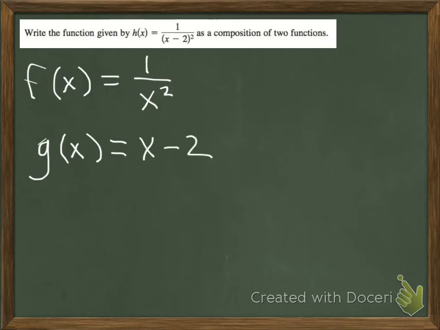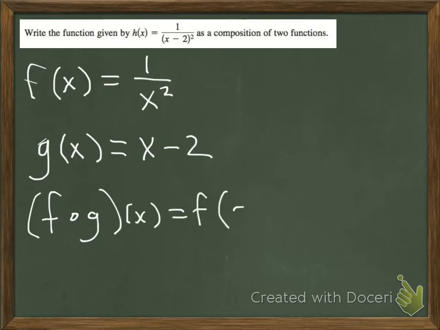And then compose those functions to check your answer. So for me, f of g of x, remember, is the same as f, and then g of x is the input, which in this case would be f of x minus 2. So we're replacing x in f with x minus 2.